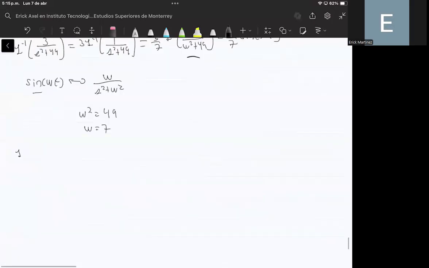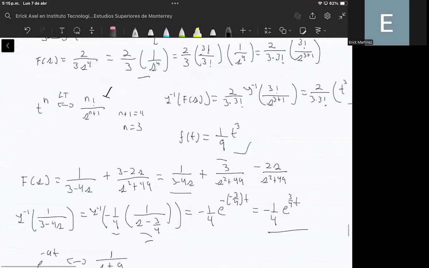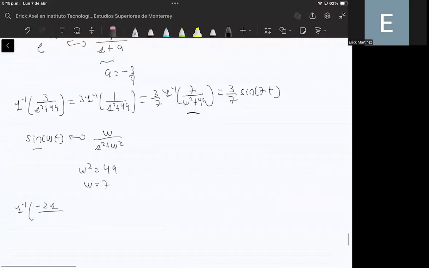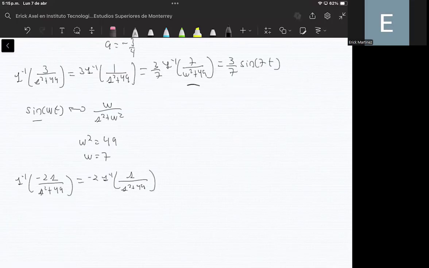That is the inverse Laplace transform of minus 2 times s divided by s squared plus 49. And this is equal to minus 2 times the inverse Laplace transform of s divided by s squared plus 49. Okay? Now, this looks very similar to the Laplace transform of a cosine. Okay?